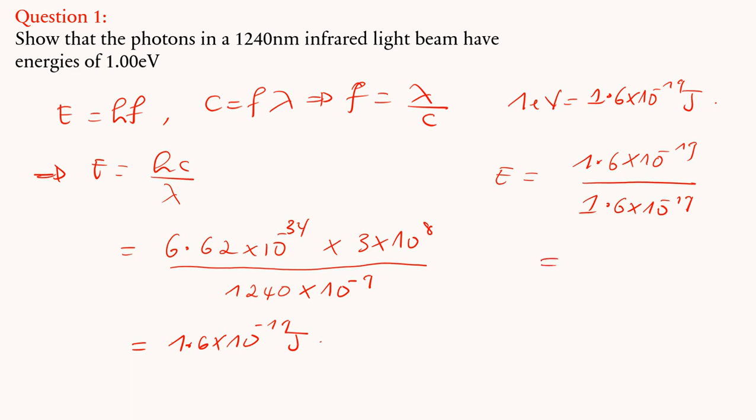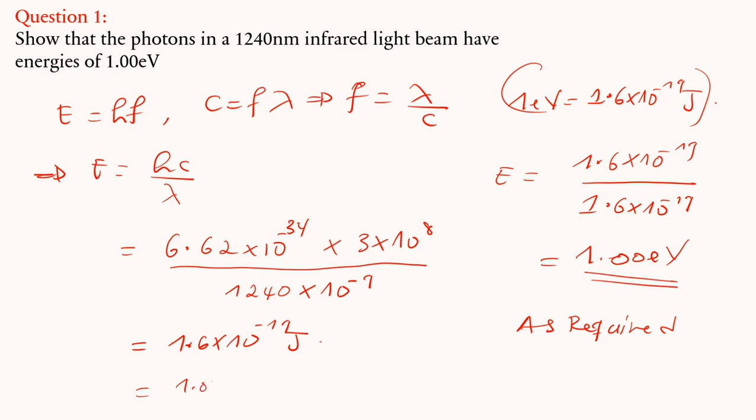That will give us 1.00 electron volts as required. So you clearly see that this is equivalent to this, and we have shown that the photons in the light beam have energies of 1.00 electron volts. Okay, let's pass to the next question.